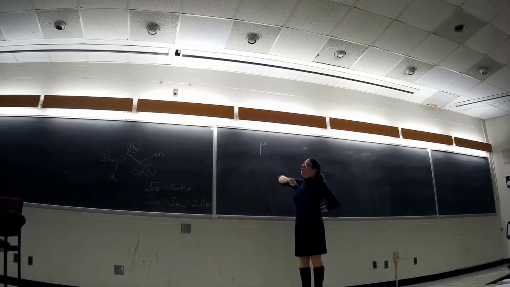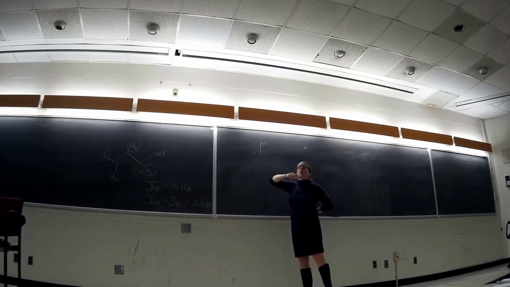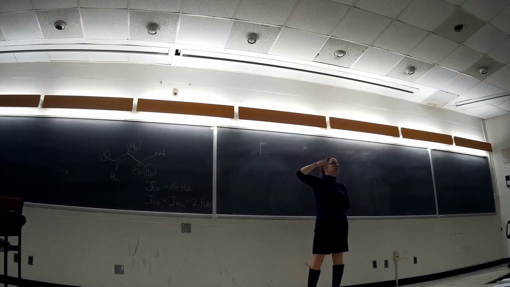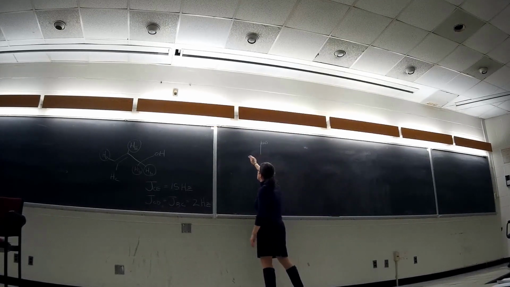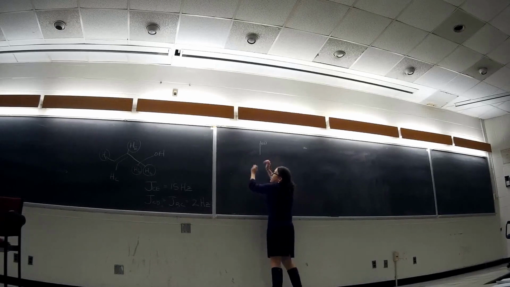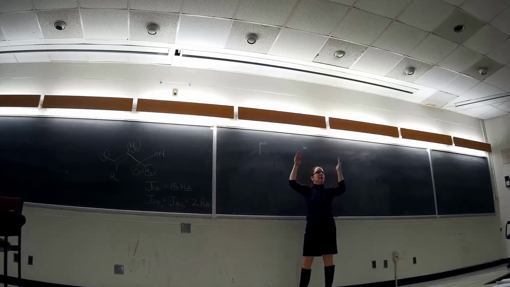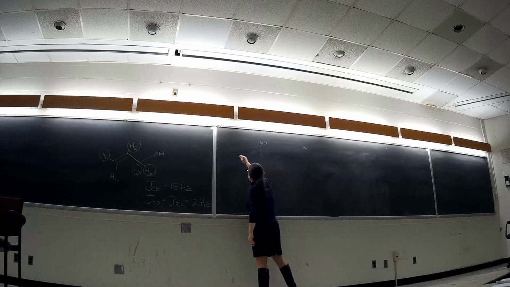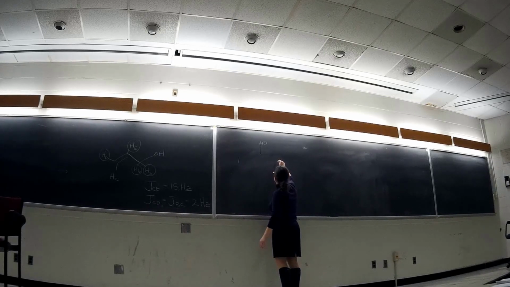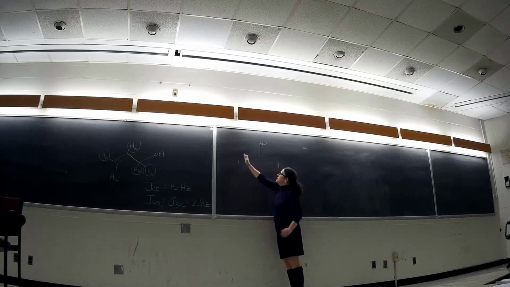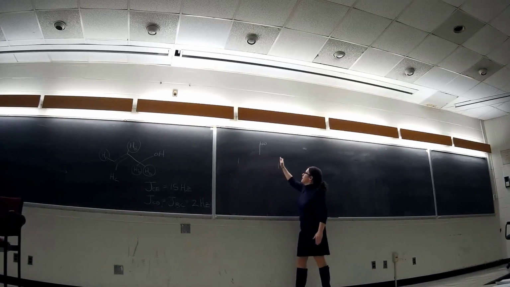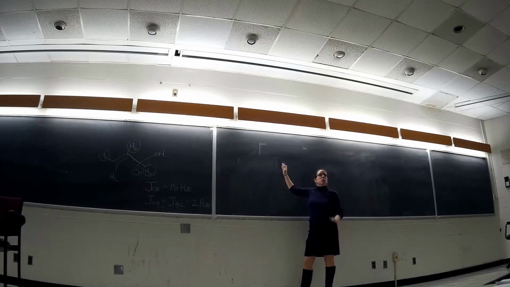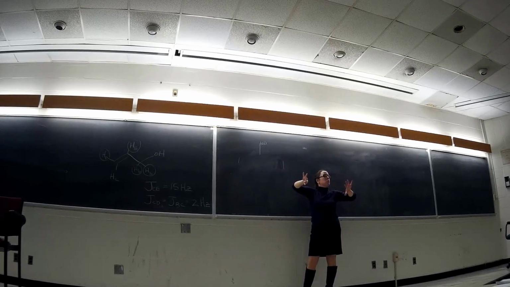Now, if we start our splits here, I'm going to start with E because it's 15 hertz. It's the largest one. So I'm going to split 15 hertz. That means the separation here has to be 15 units in hertz between them. So I'm going to move 50% of the signal here and 50% of the signal here. So I'm moving 7.5 this way and 7.5 this way, such that there's 15 hertz in between them.